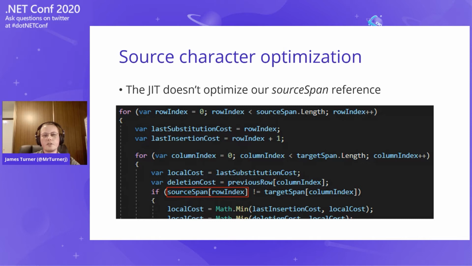Our C# code, though, accesses the source character in the inner loop. The JIT, however, doesn't notice this, leaving our data access in an inefficient position. With only so much time to optimize code and only so many patterns it can recognize, cases like this might simply not be optimized. We need to be mindful of how we write code, as the JIT can only do so much. So in cases like this, we should give the JIT a hand.